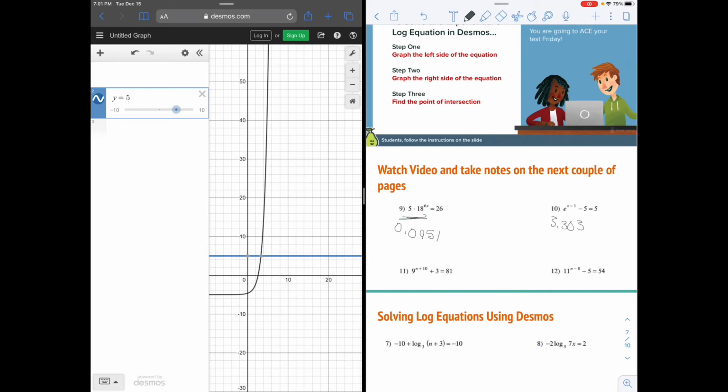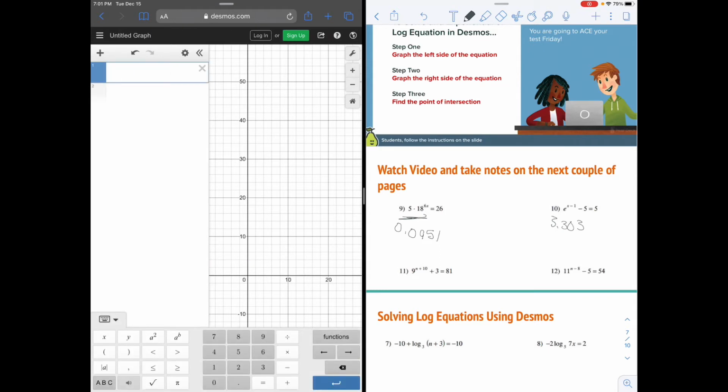Probably not. Okay, welcome back. Let's just do it. I'm going to do this one with you. We're going to have y equals 9 raised to the x plus 10. What did I forget?